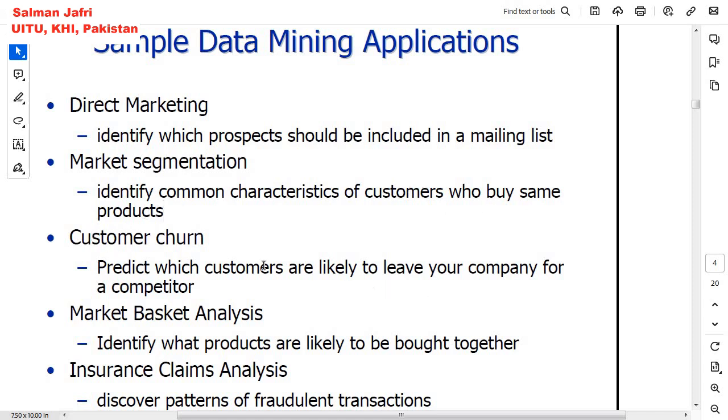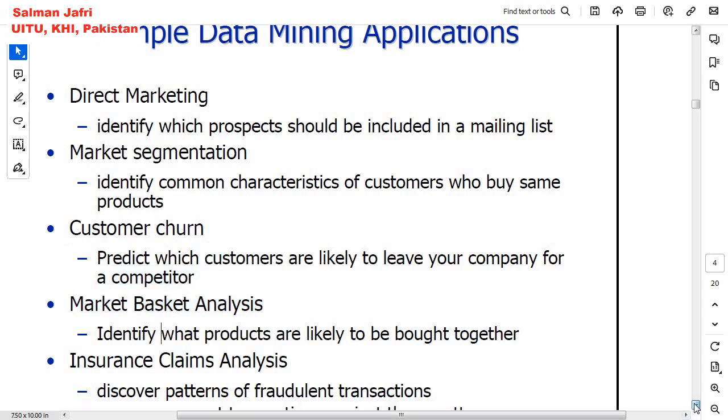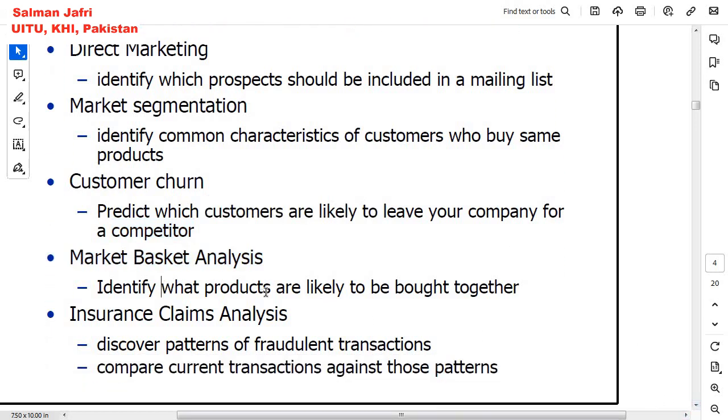Customer churn: predict which customers are likely to leave your company for a competitor. Market basket analysis: identify what products are likely to be bought together. Again, this is common practice on Amazon or Daraz, especially on Amazon. You see "customers who bought this also bought this," right?